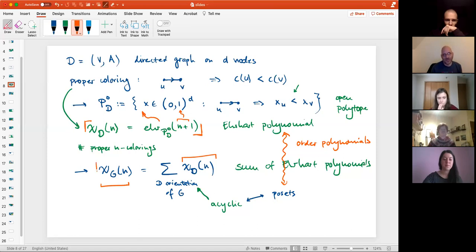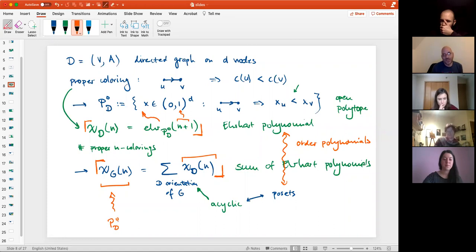And then we said, okay, the chromatic polynomial is the sum of these Ehrhart polynomials. So this really suggests that there is a triangulation behind this. So there's some complex of open polytopes.